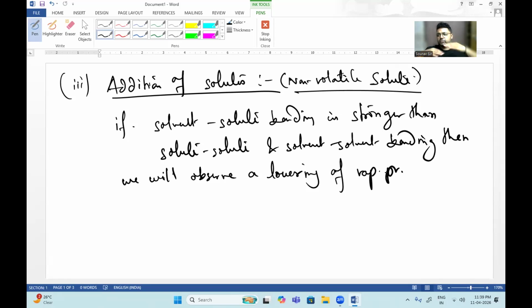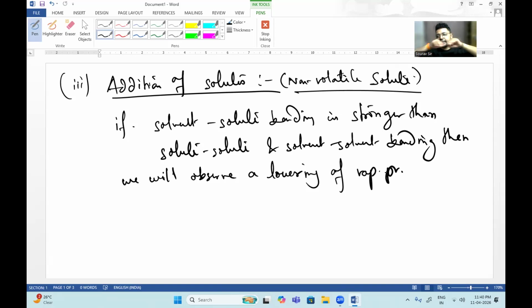Because now it was solvent, there is a certain force of attraction. Now, between these two layers, a solute layer has entered. The solute layer has a stronger force of attraction between it and the solvent. The molecules at the surface of water will face a stronger force of attraction towards their core.